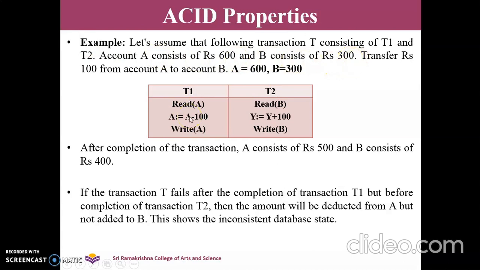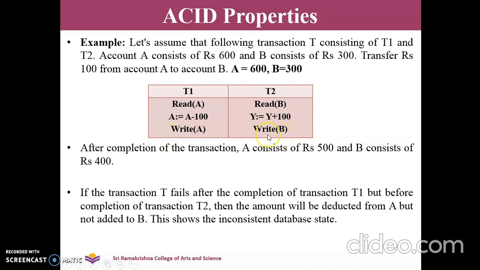We are going to transfer rupees 100 from account A and deposit it into account B. So I'm writing the operations like this: read A, read B. We are reading the values, and I'm going to deduct rupees 100 from account A and deposit it to account B. And finally we are writing the values, write A and write B. After completion of the transaction, account A should consist of rupees 500 and B should consist of rupees 400.